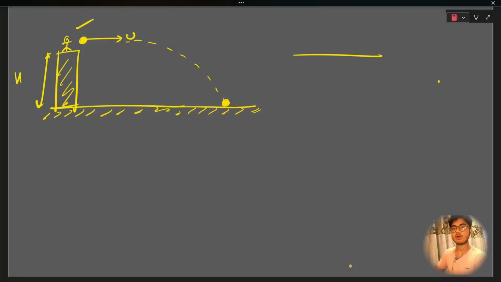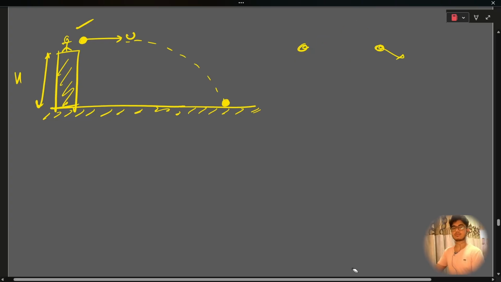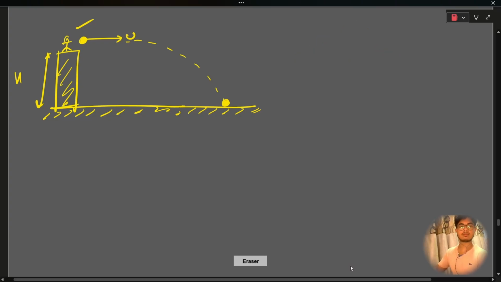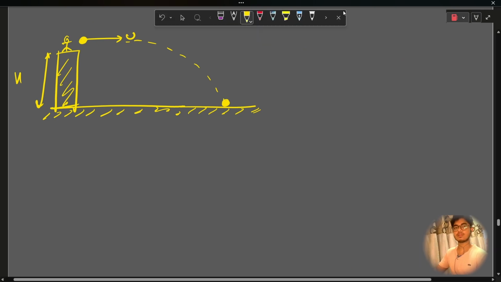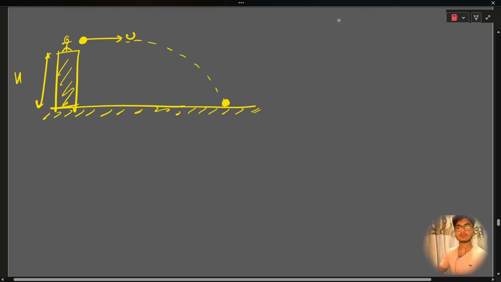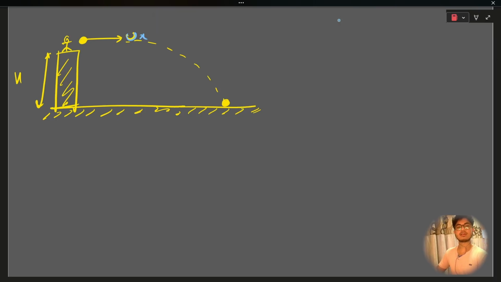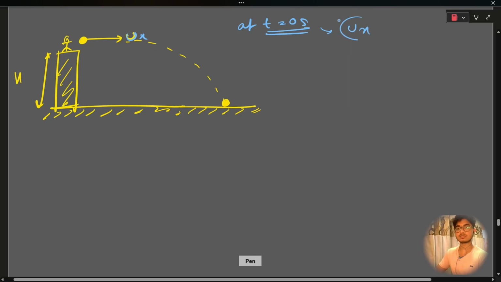Now we had seen how to find the angle when it is ground to ground, that is like this. But in problems like this, where a man is standing on top of a tower and he shoots a ball with a horizontal velocity, suppose Ux, and the path of the ball is like this, obviously. So initially, at time equal to 0 seconds, what will be the velocities? Ux is Ux because the man throws the ball with Ux.